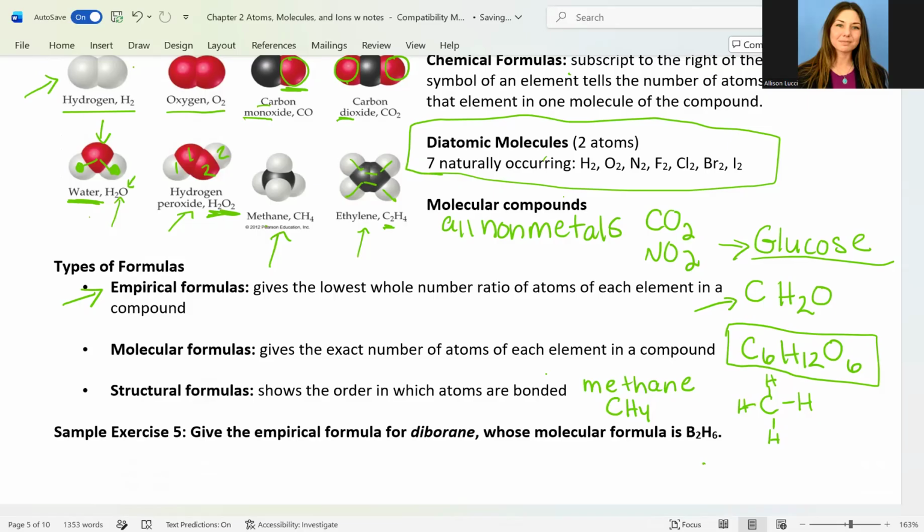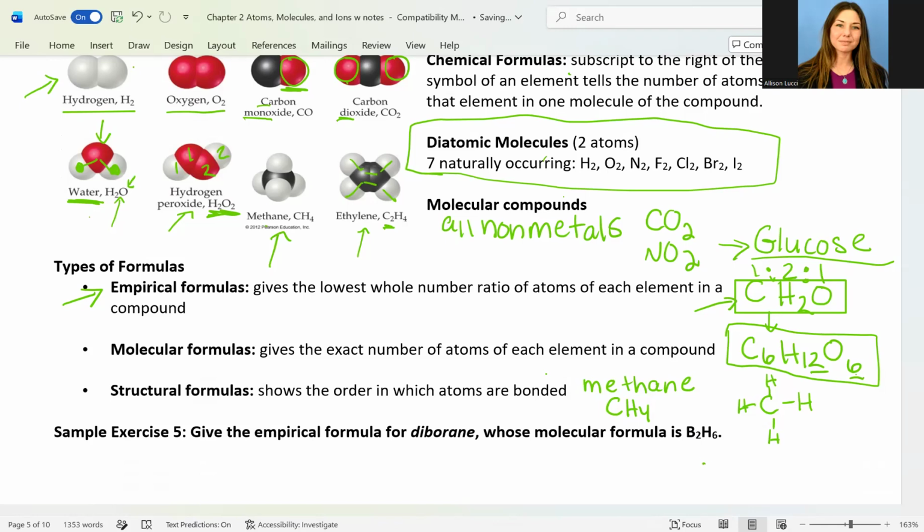So for every 1 carbon, or 6, right, in the molecular formula, we have 12 hydrogens, so that's a 1:2 ratio in our empirical formula. And then there's also a 2:1 ratio of hydrogen to oxygen, so 12:6. So that's where this empirical formula CH2O came from. We just divide the lowest integer into each of the atoms, and then we get that lowest whole number ratio.